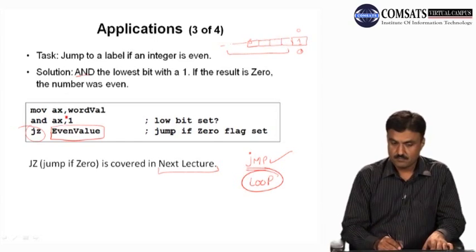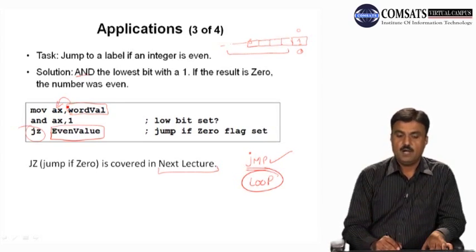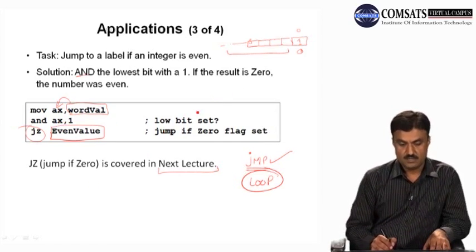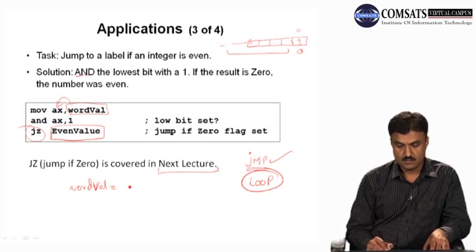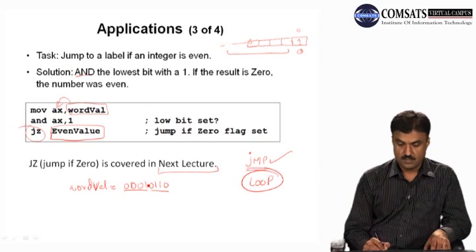Here you can see we move the word value to AX. Just assume that the value inside word val is like 0 0 0 0 1 0 1 1 0, for example. To make it simpler, this will be like 6.